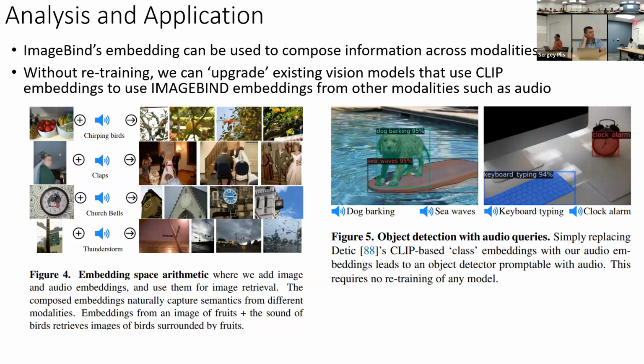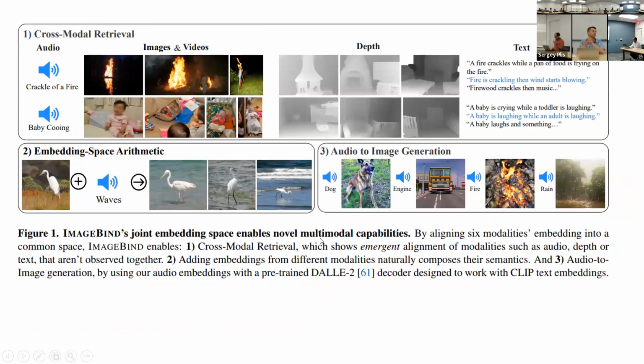And also they evaluate the model by replacing the CLIP-based class embedding with their audio embedding. That audio embedding leads to an object detector with audio. And in this case, there is no need to retrain this model. This figure demonstrates that their model enables cross-modal retrieval, and by adding embeddings from different modalities, it naturally composes their semantics, like embedding space arithmetic with the image and the sound.